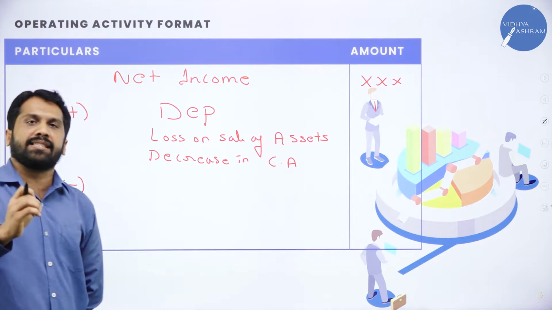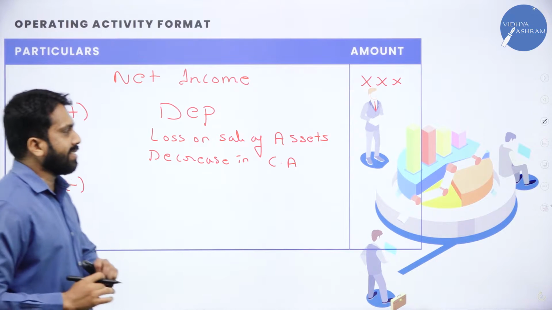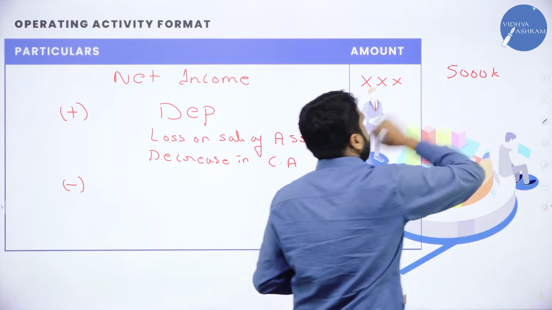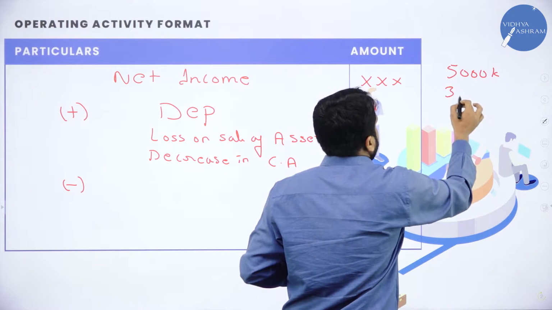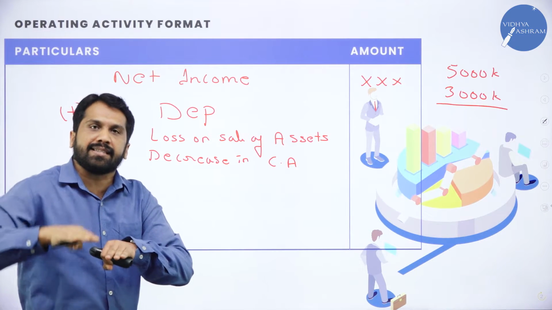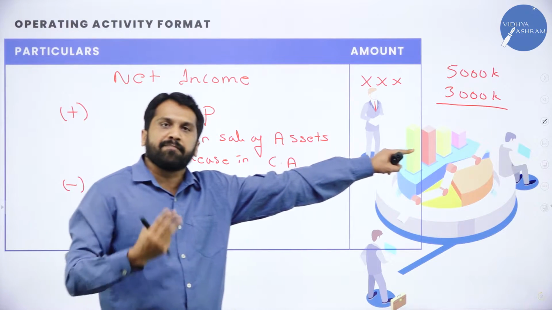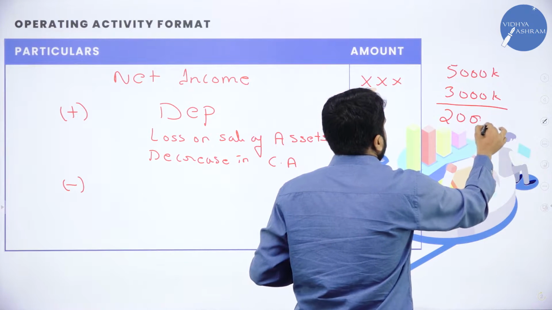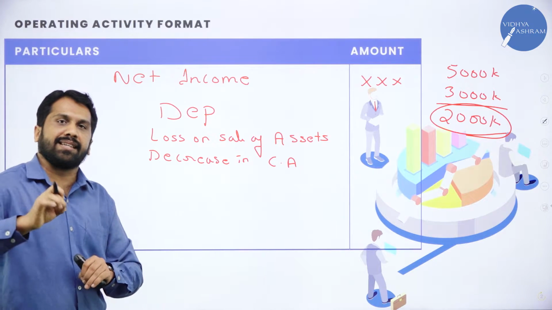What do you mean by decrease in current asset? For example, your current asset was 5,000 last year. This year your current asset is 3,000. Now, is it increased or decreased? Last year it was 5,000, this year it is 3,000. How much decreased? 2,000 decreased. This we call decrease in current asset.